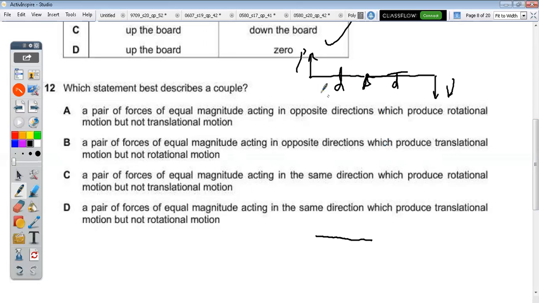So this will cause a turning effect. Can you see that? That is actually the same force multiplied by 2d. That makes sense, a turning effect. That's what we call a couple.